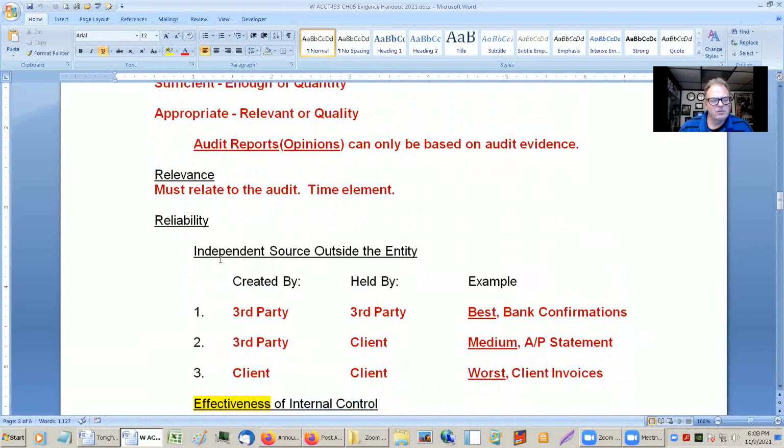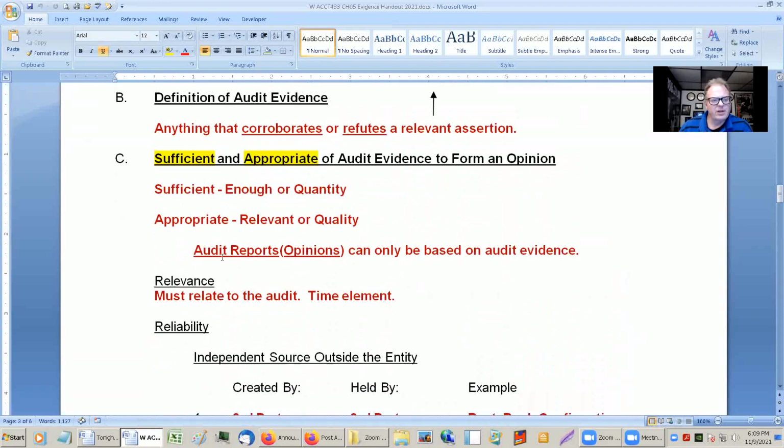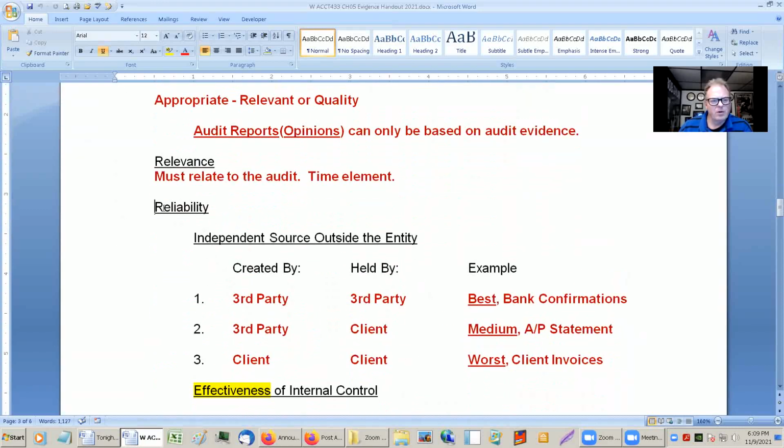Let's go to page, or what is this, page 3? Yeah, where it says reliability. I didn't label this, and I should. Do me a favor and label this if you would. This is for documentary evidence.